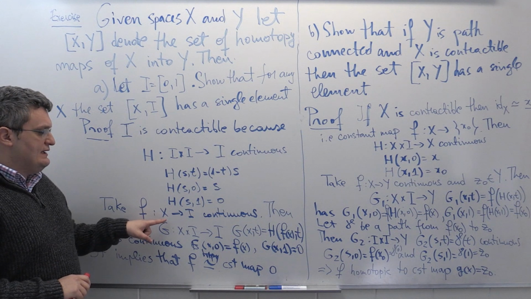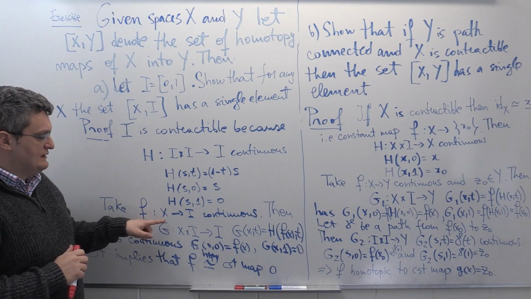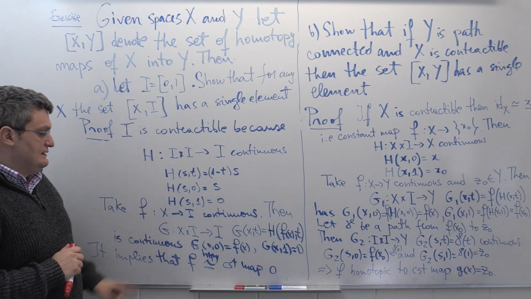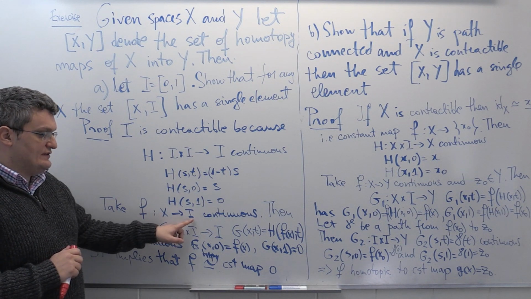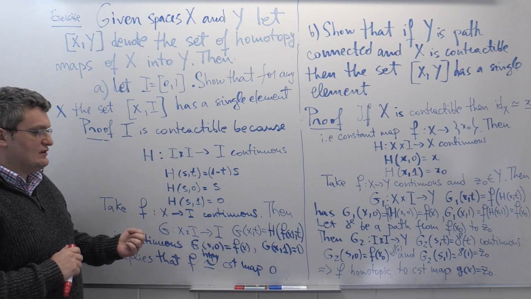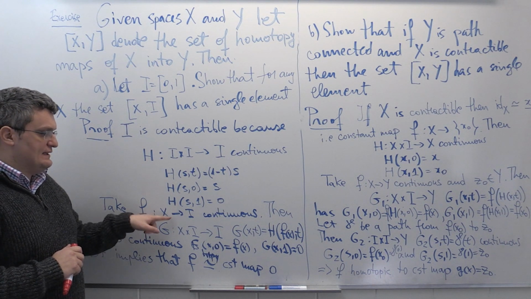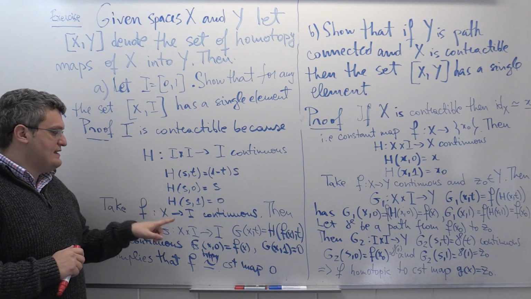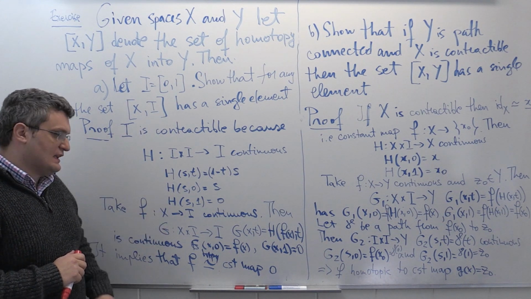Now pick any function f in this set, f defined on X with values in I, continuous. Then let's construct a homotopy using the homotopy H and the function f.